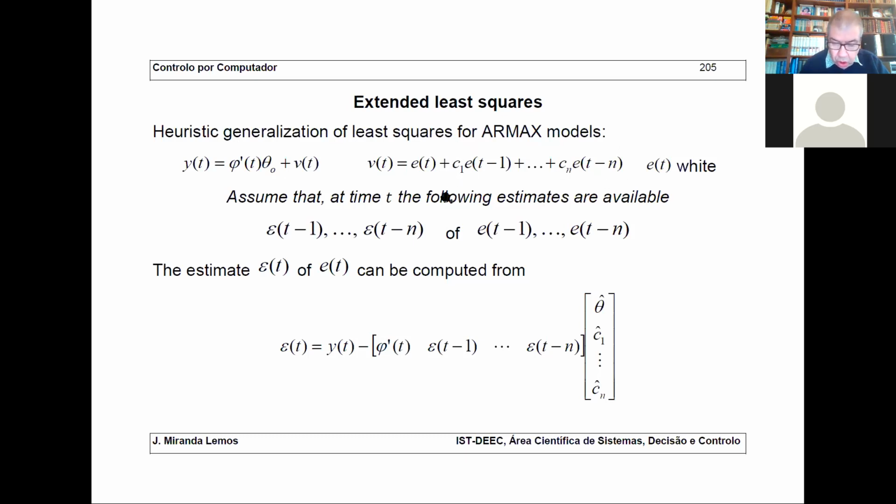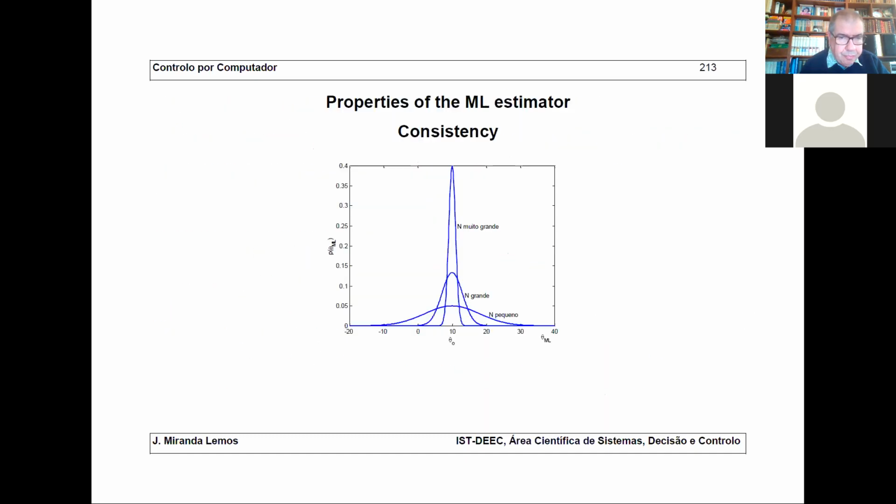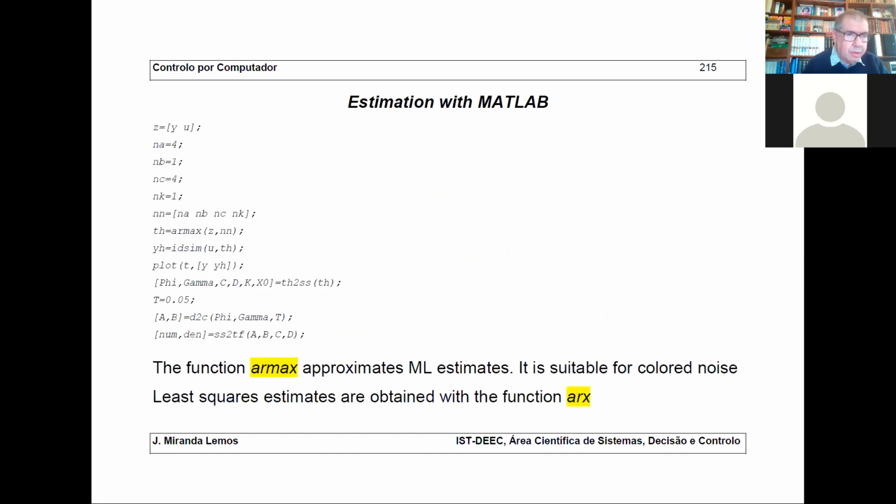And you call NA the number of poles, or the number of A coefficients, NB the number of B coefficients, NC the number of C coefficients, and NK the delay. So in this case, I was assuming that NA was 4, NB was 1, and NC was 4, and the delay was 1, okay? So this is data that you have to fill in.